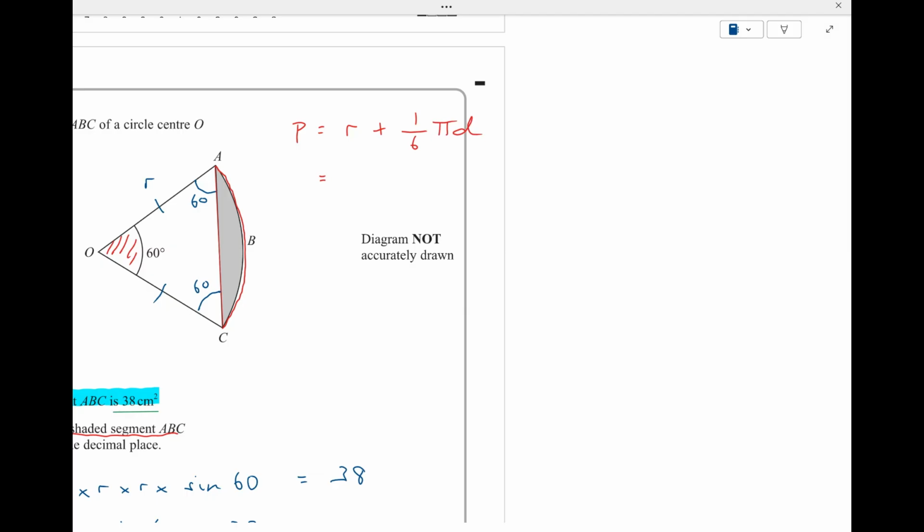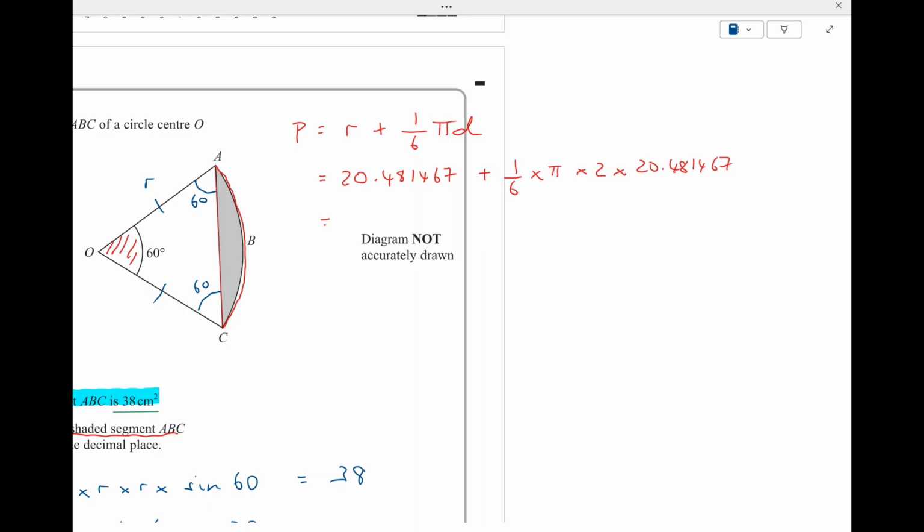So what I'm going to have here is 20.481467 plus a sixth times pi times twice 20.481467. Okay, let's work that out, and that'll be the perimeter of that shaded section.